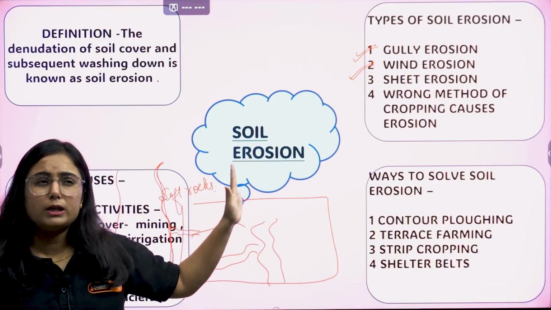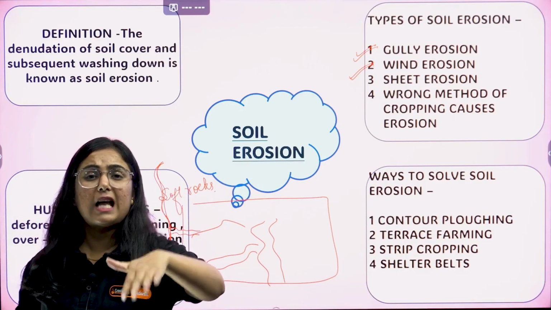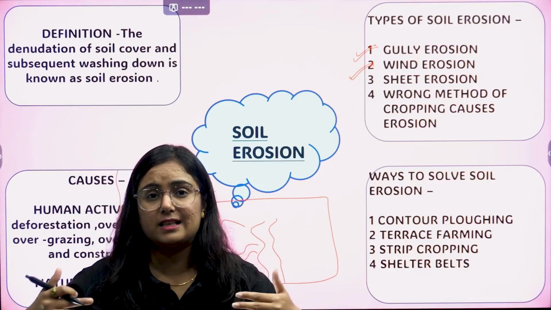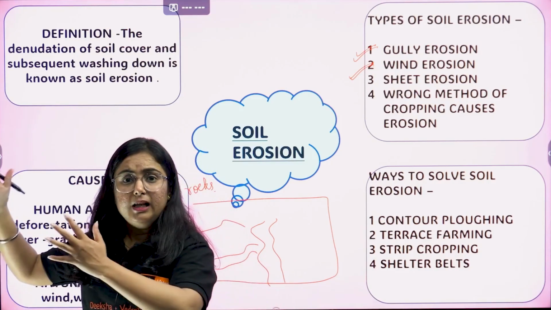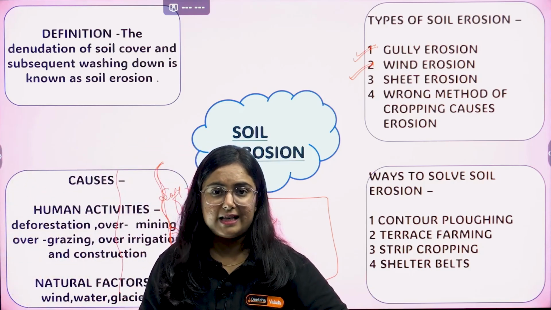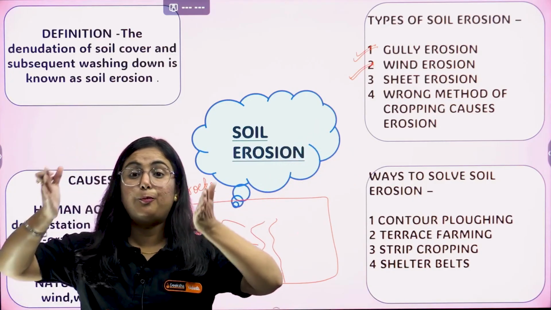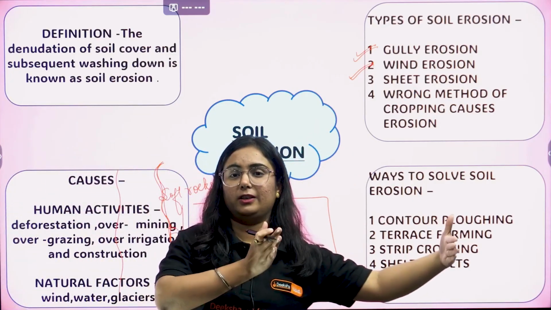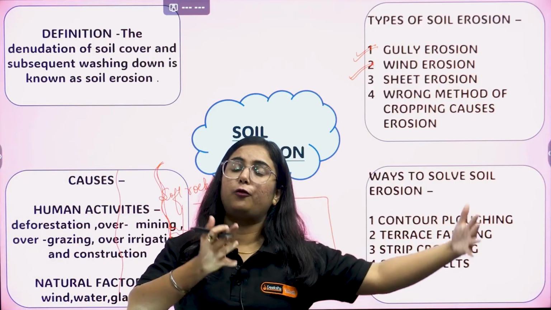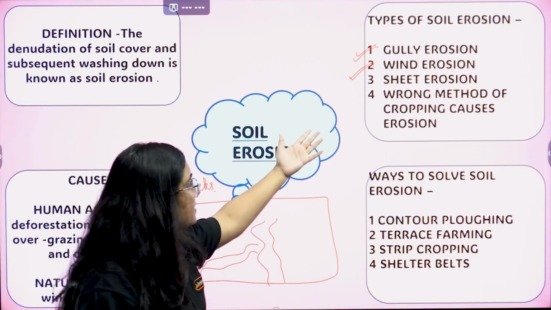And sheet erosion, just understand it as a landslide. We can see that a portion of land is weathered in landslides. Similarly, sheet erosion means that a portion of soil is weathered. This is a sheet of soil and it flows with the flow of water, glacier, or wind. That is known as sheet erosion.